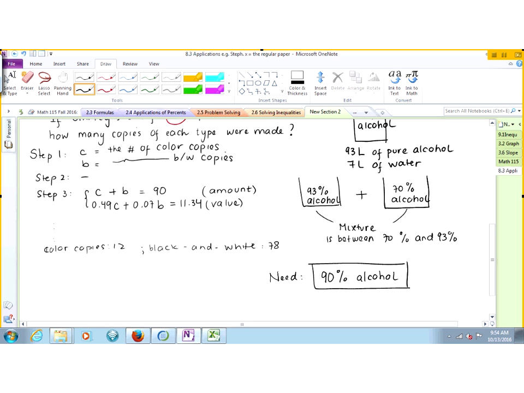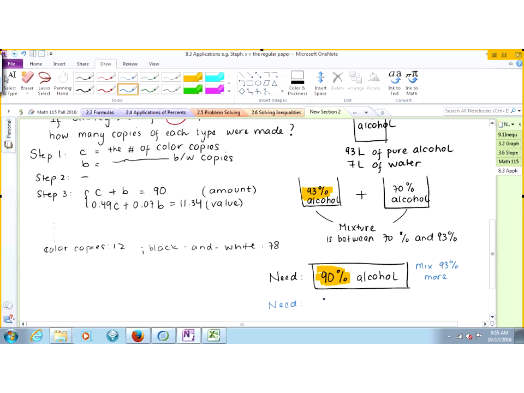So my question is, which one do I mix more so that I get 90% alcohol? You mix more 93%. Why is that? Because it's closer to this 90%. Does it make sense? So I mix the 93% alcohol more, right?